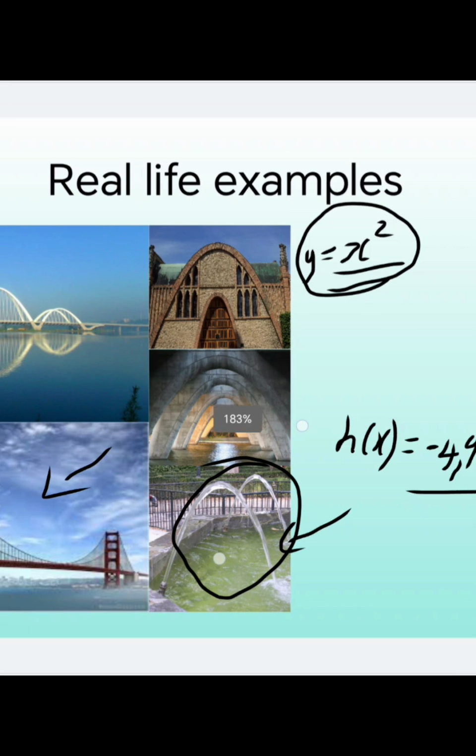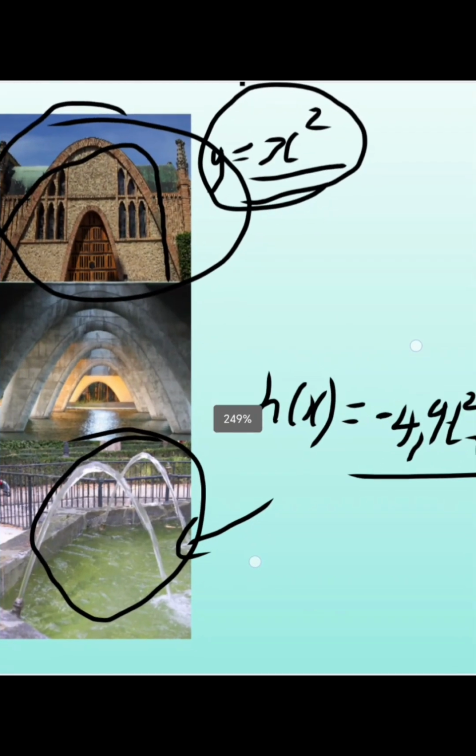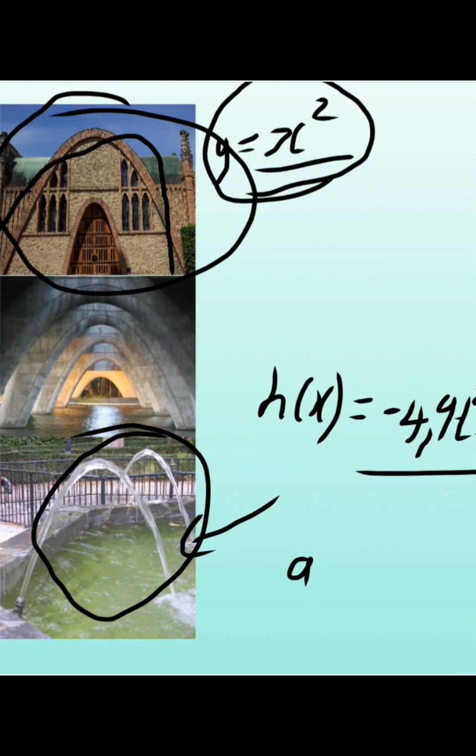The reason why some of them are like this and some are frowned like this: some you can see the shape is something like smiling, and some is a frown shape. There is a difference between these shapes, and the difference is caused by the parameter a. If you write down our formula, you will understand what parameter a does to our graph.